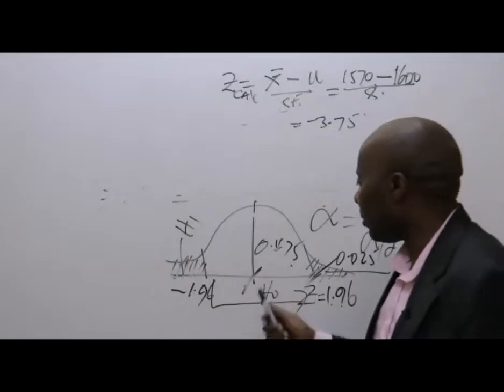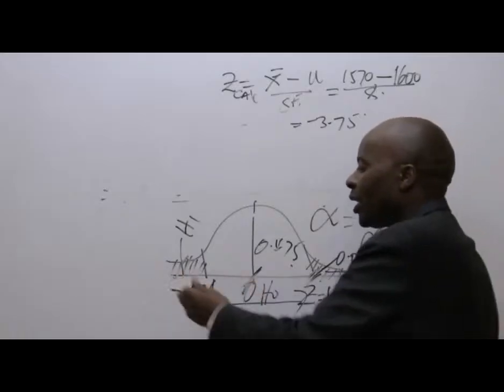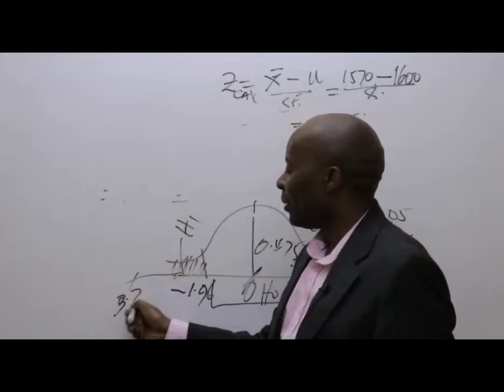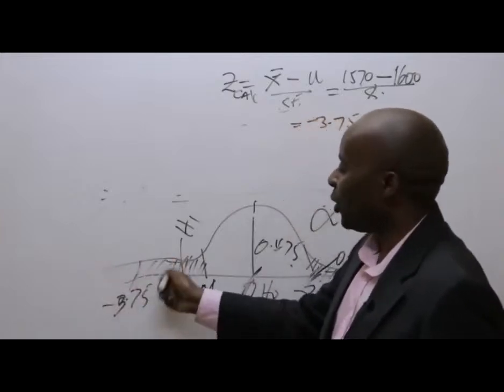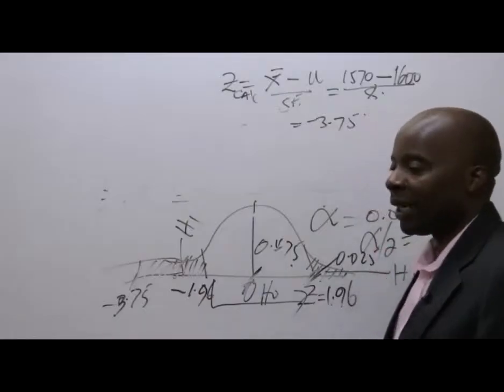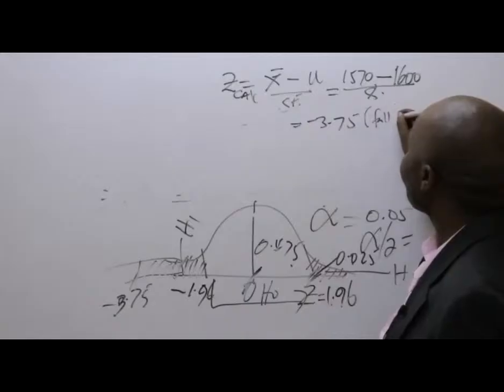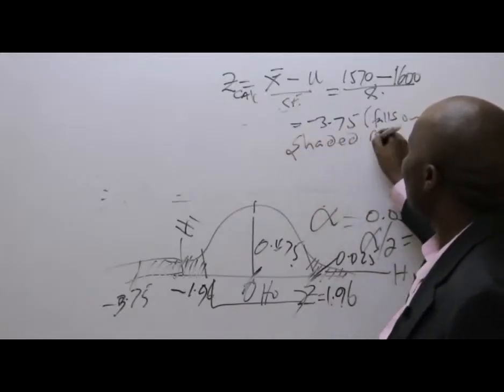At the middle I have a 0, and as I go that way, minus 3.75 will fall here. If it falls there, we can see that it falls on a shaded area.